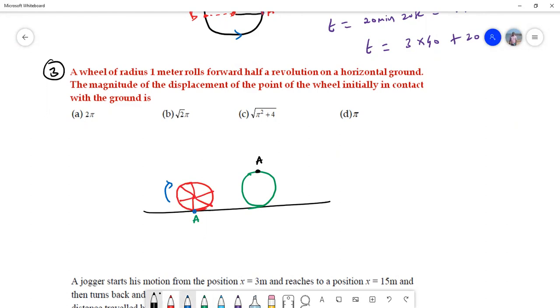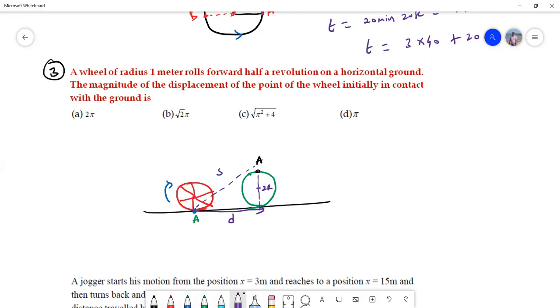Displacement is the shortest distance between starting and ending. So if you join these two, this becomes the displacement, and this is the distance covered. If you take the radius as r, this becomes the diameter 2r.